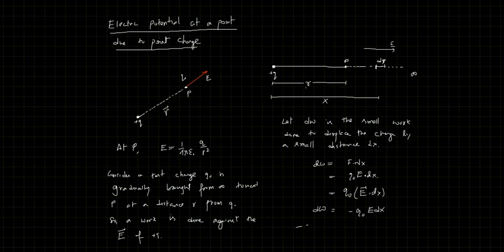dW, or dW by Q naught, can be written as minus E dx. Now, if dW is the work done, we know V equals W by Q naught, or W can be written as V into Q naught. For small work done, the potential will also be very small.